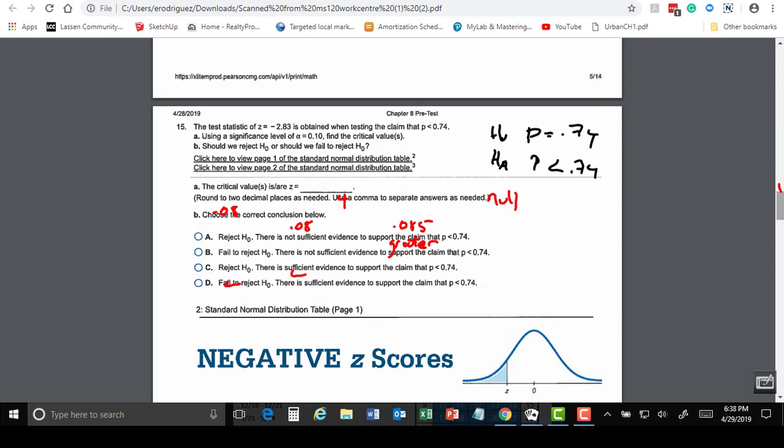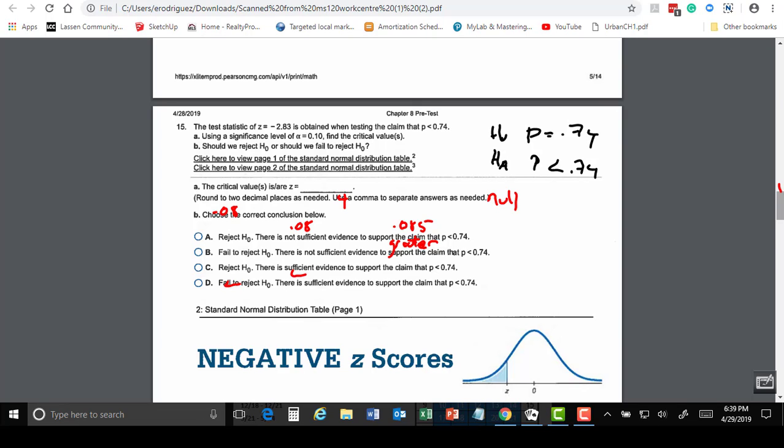Okay, so we want a significance level of 0.10, right? So we need to find the critical value for that. And should we reject the null or should we fail to reject the null?